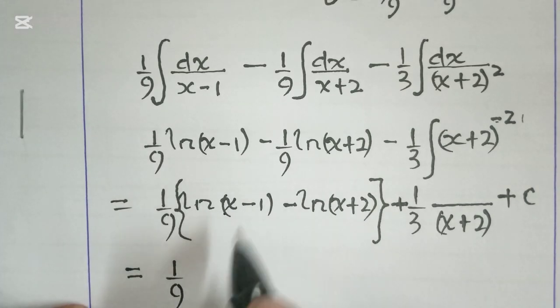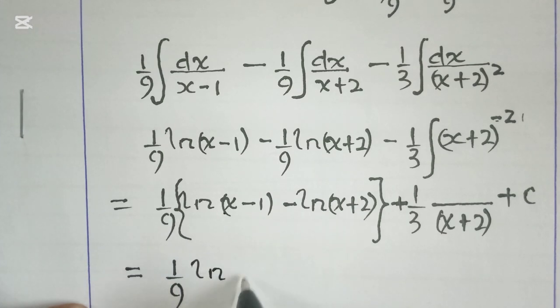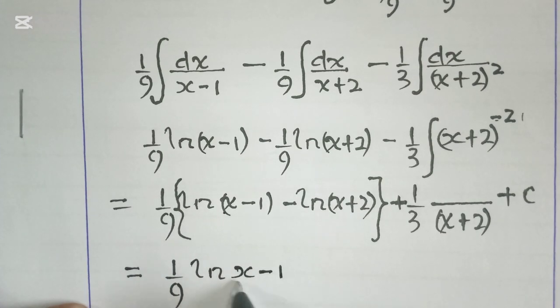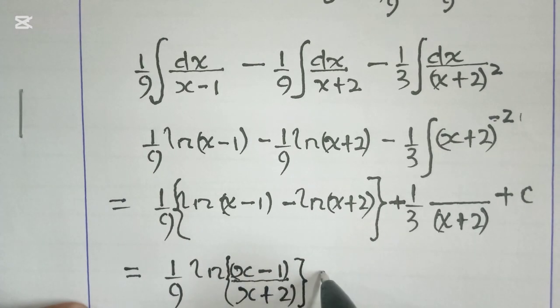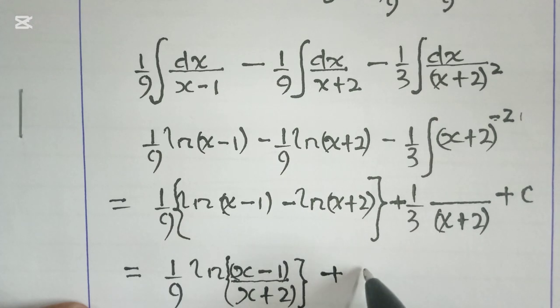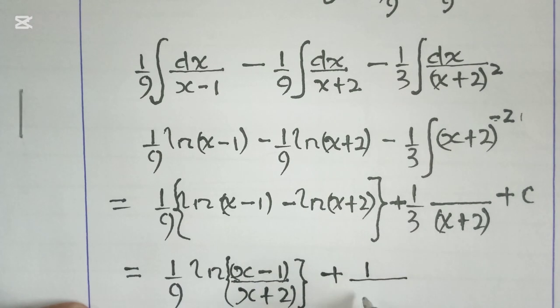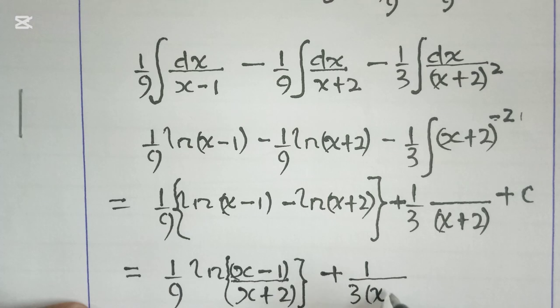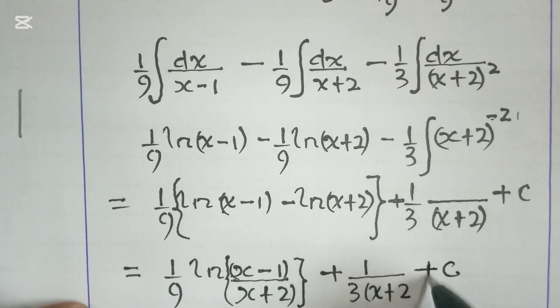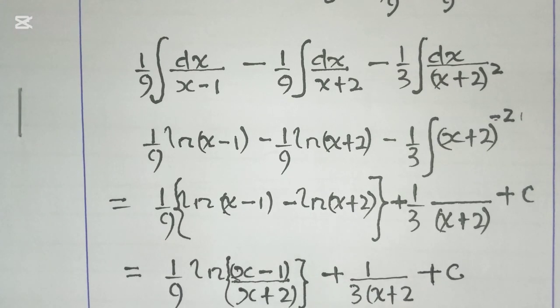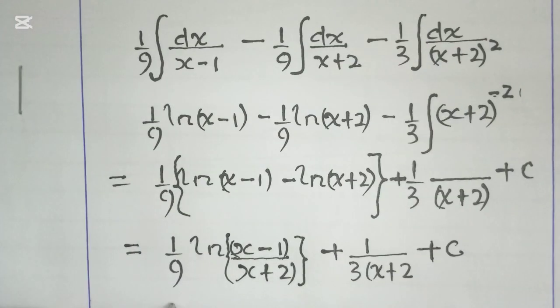We can now combine this one to read as ln x minus 1 all over x plus 2 plus 1 all over 3(x plus 2) plus c. So guys, that is the solution for that problem.